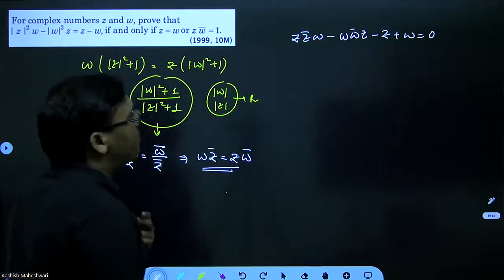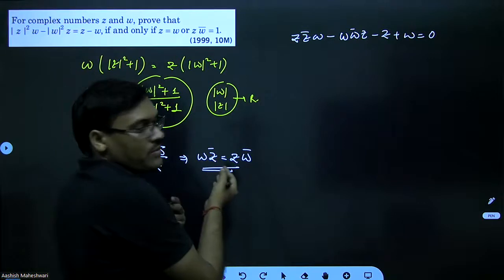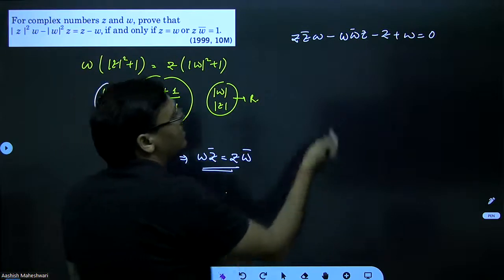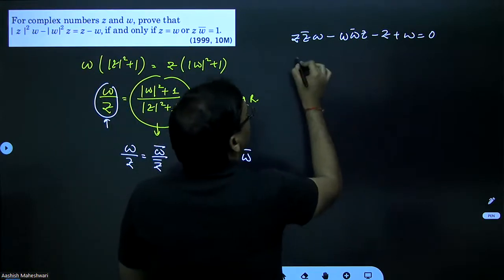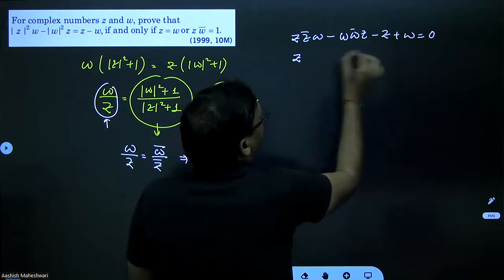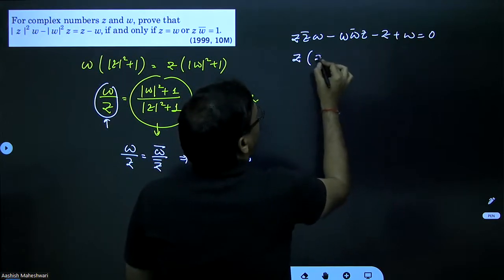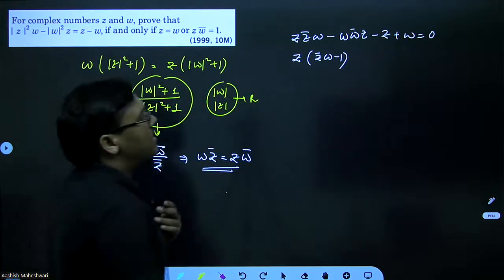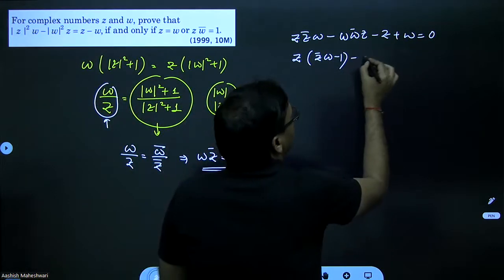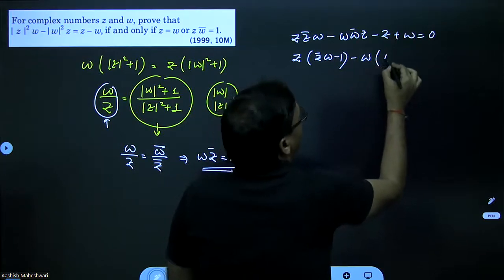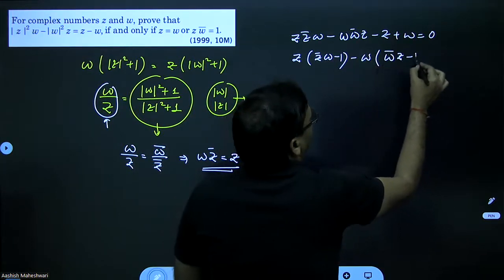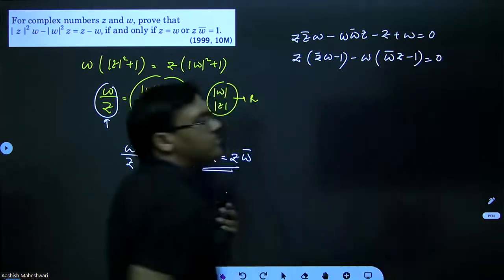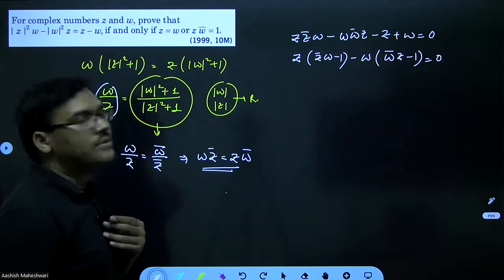And now you see, I have omega z bar is the same as z omega bar. So what we can do here is, I can take this z common. This is z times (z bar omega minus 1). And from these two, you can see, if I take omega common, this is omega times (omega bar z minus 1) equal to 0. I can write this.